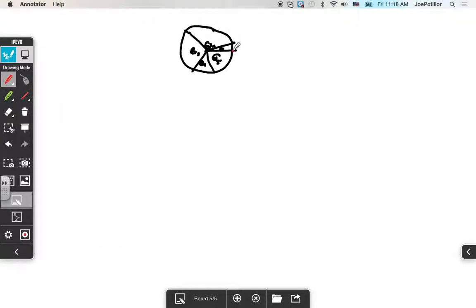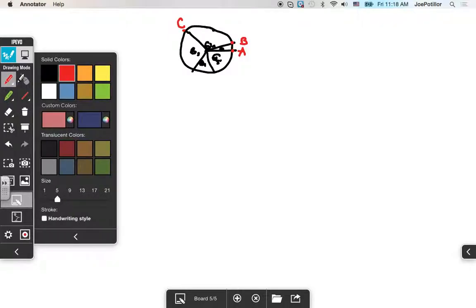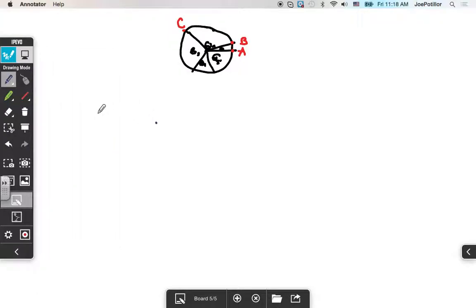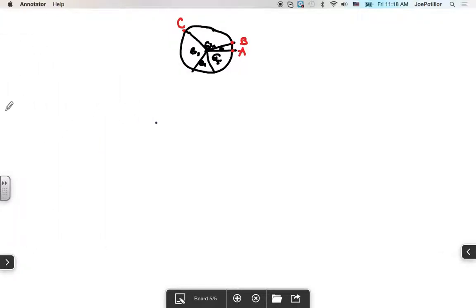So this is A, B, C. And so now we're going to define another quantity, which we call angular displacement.